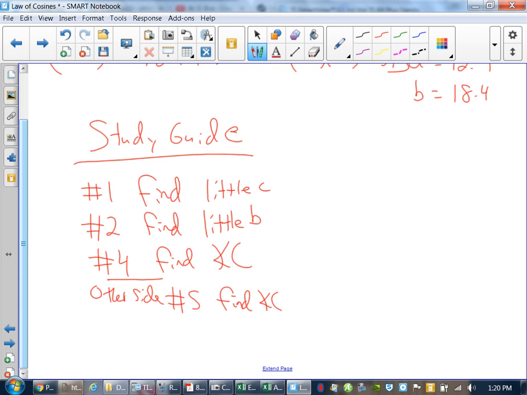You're just going to find one side for one of them. What I'm asking you guys to do here is use the law of cosines 4 times, once for each problem. Okay, and that's it.